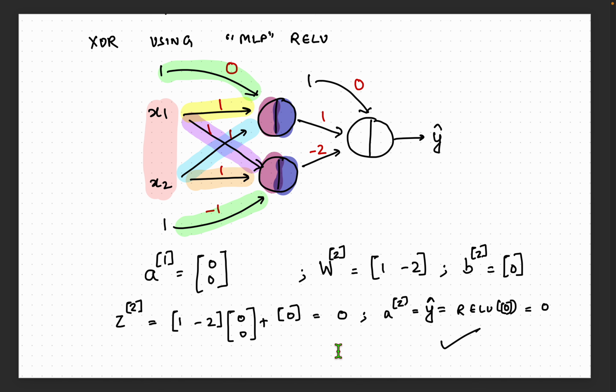Okay. Now we are going to take this forward to the next layer, right? And as you can see, next layer weights are 1 minus 2 and the bias term is 0. So just using the same convention, if we get the summation term z, it becomes 0, right?